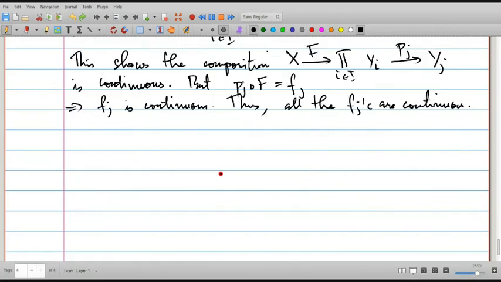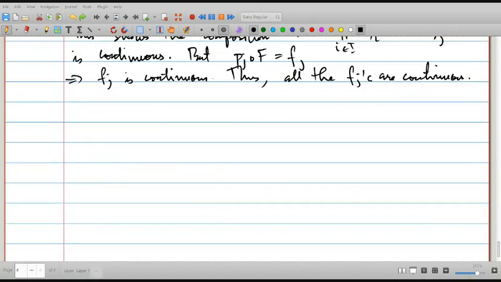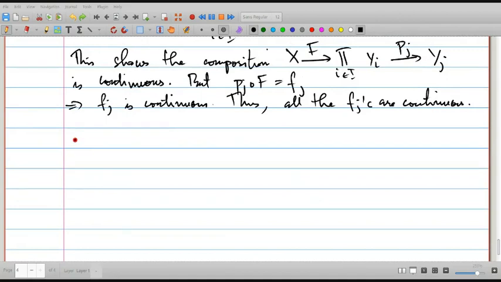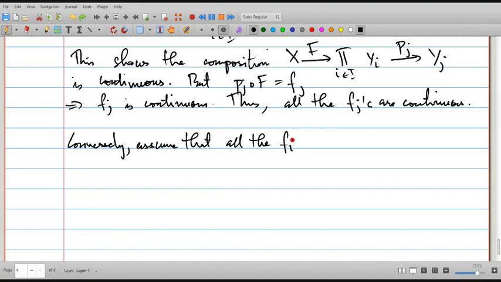For the second direction, conversely, assume that all the f_i's are continuous.